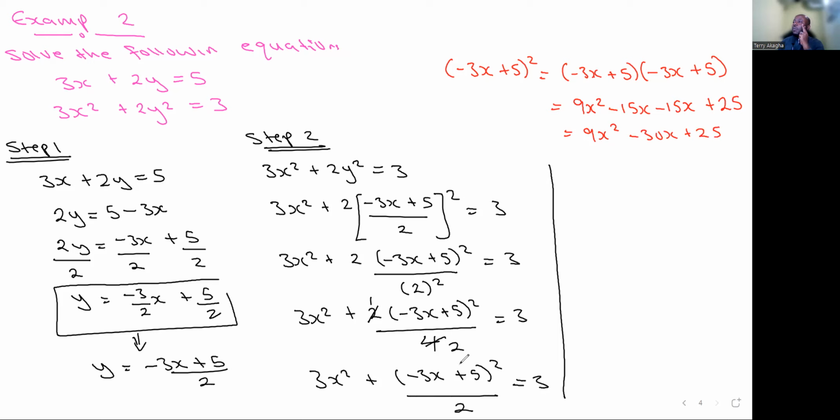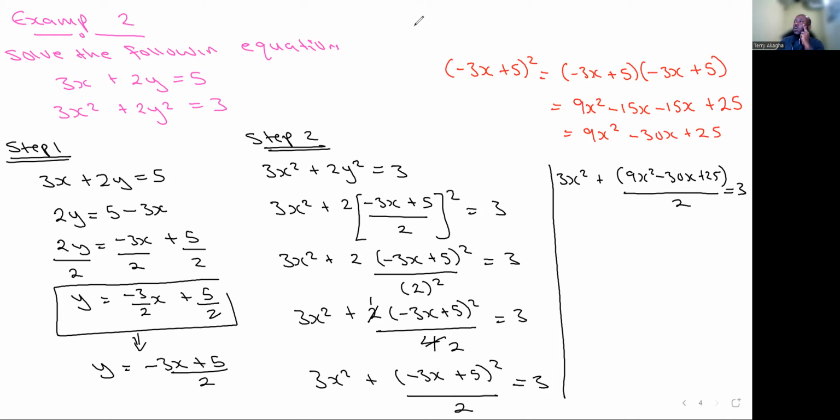So that means I can replace all this in the bracket with that. So it will now give me 3x squared plus 9x squared minus 30x plus 25, all divided by 2, is equal to what? 3. Now I can break this down.